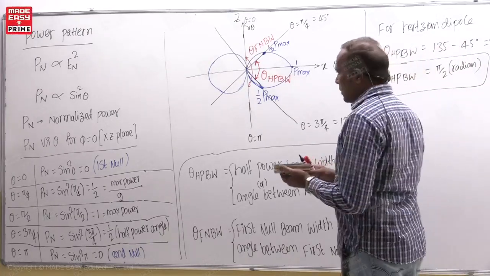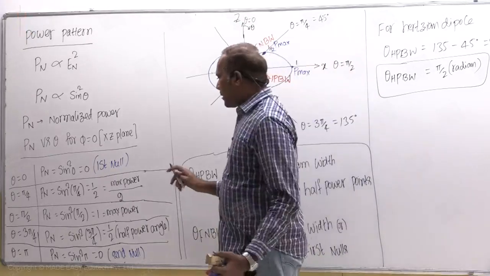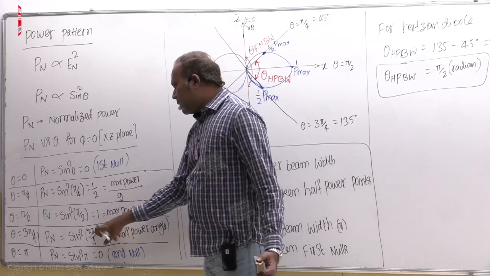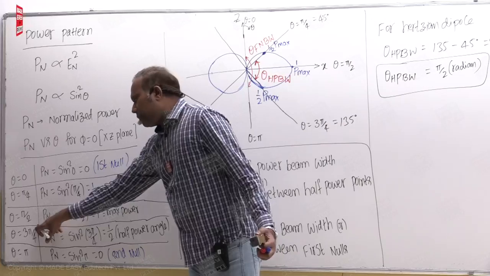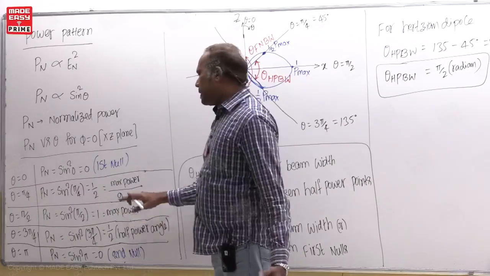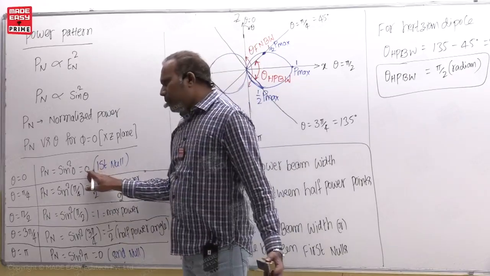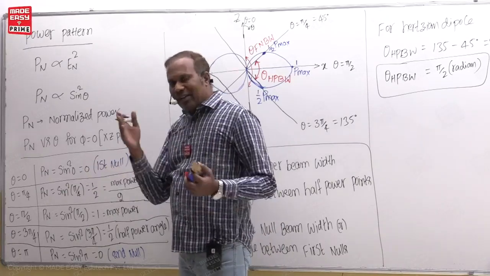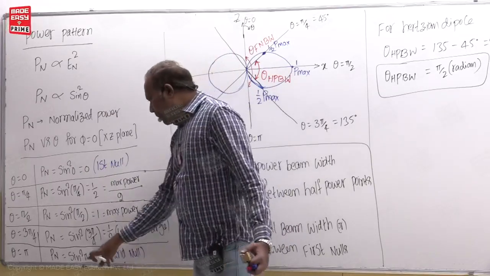Here you can see, no need to see the diagram, my dear students. This is a half power point, this is a half power point. 135 degrees minus 45 degrees, 90. That is the half power beam width. Here one null came. If you want to see the beam width, again you have to look for the next null. So this is the next null coming.